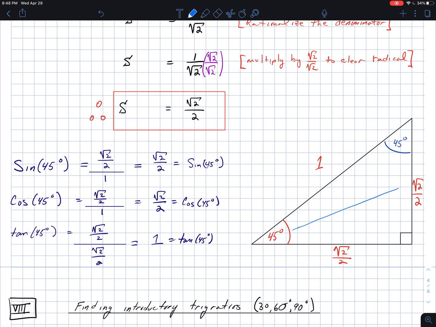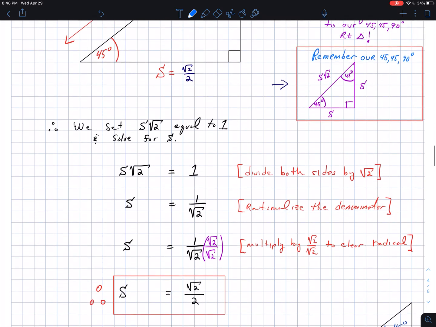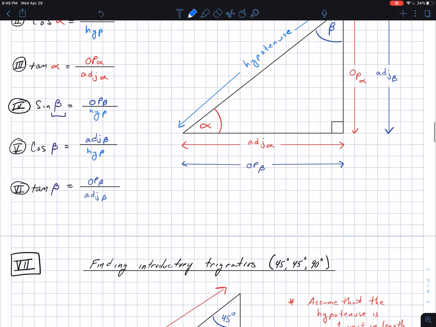I look opposite it. I see the square root of 2 over 2. So I place it in the numerator. I then look where? At the hypotenuse. And I notice it's 1. So I put the 1 in the denominator, just as the ratios tell us to do.